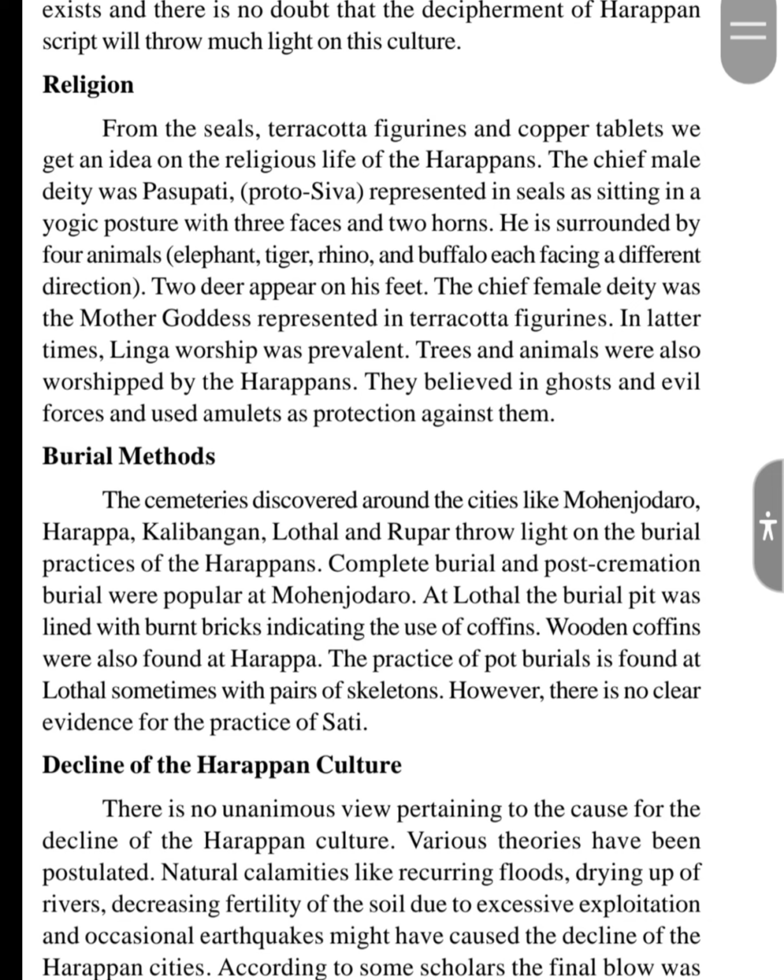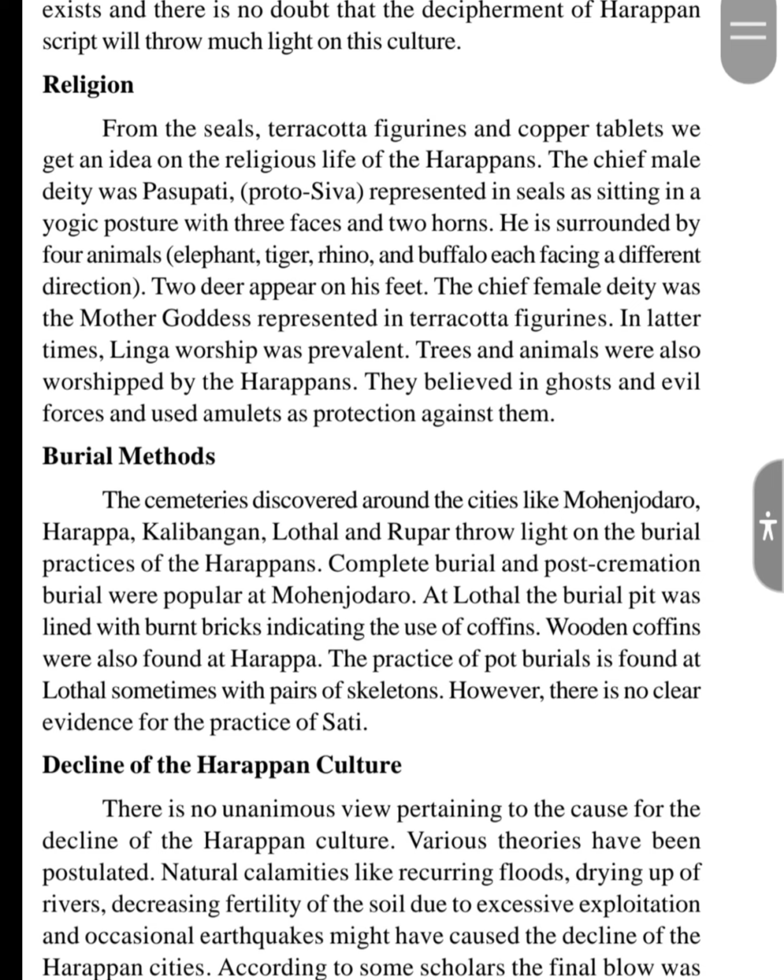Burial methods. The cemeteries discovered around the cities like Mohenjo-daro, Harappa, Kalibangan, Lothal and Rupar threw light on the burial practices of the Harappans. Complete burial and post-cremation burial were popular at Mohenjo-daro.